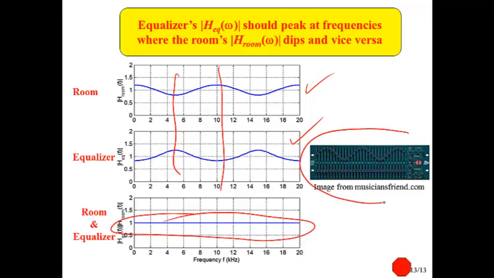I grabbed an image here from one of my favorite websites, Musician's Friend, showing an equalizer, and you can just make out that they have the sliders on that equalizer set in the kind of shape that we're talking about here. Technically, those sliders are on a dB scale, and we're not talking about dB yet, but we will be pretty soon.